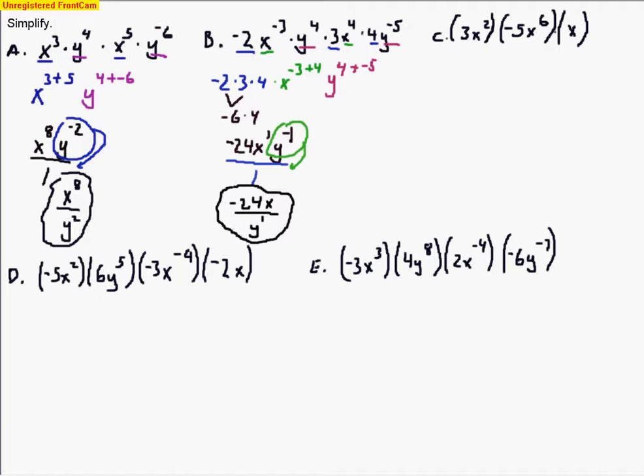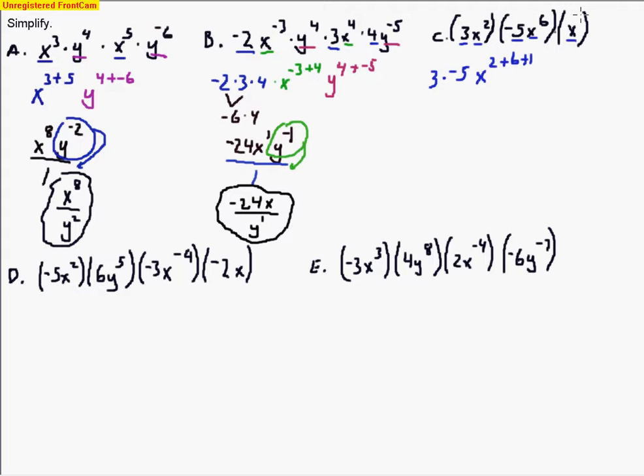Well, another chance to practice that concept here. We have a 3 and a negative 5. Those are the two coefficients. So we write those next to each other, 3 times negative 5, and then count up the exponents on the common bases. X is the only variable that has some exponents, so we count them up: 2, 6, and 1.